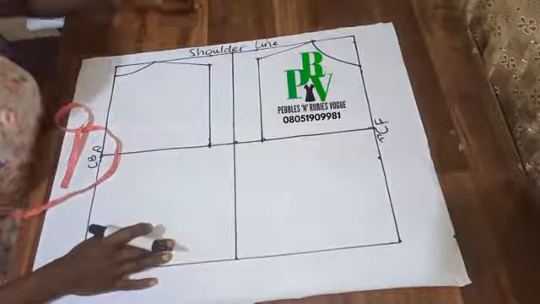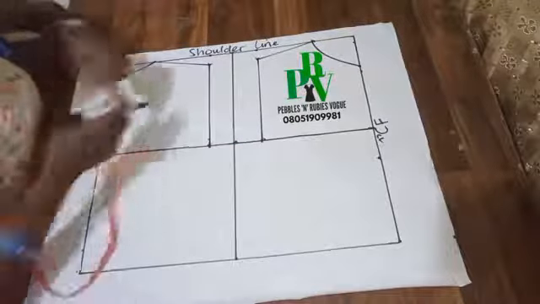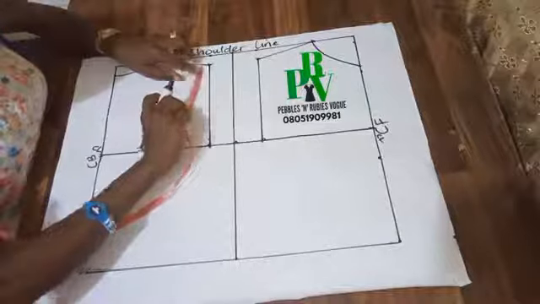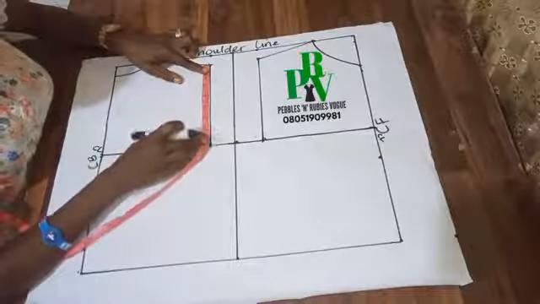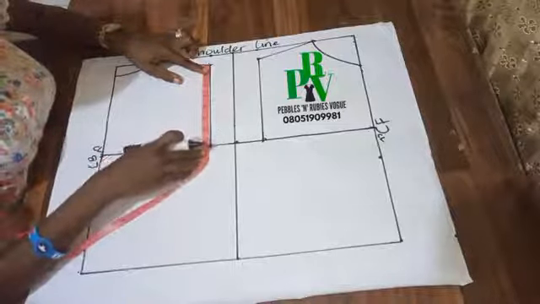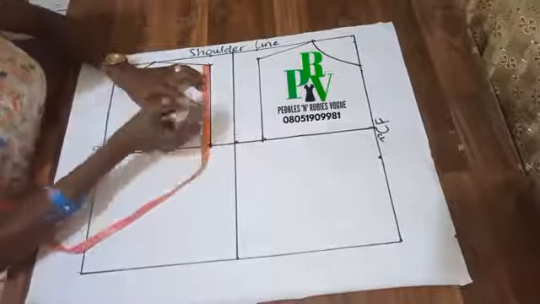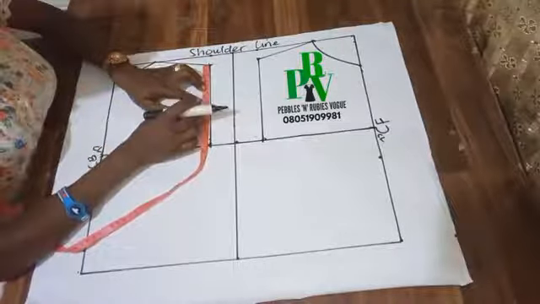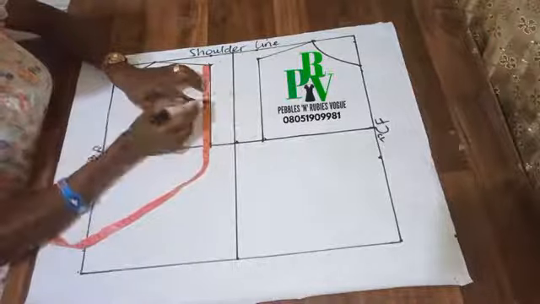All right, now we'll mark the midpoint of the armhole. You take the measurement from the shoulder slope on the armhole length and determine the midpoint, the center of the measurement. That is the armhole length divided into 2 equal halves, so the middle.